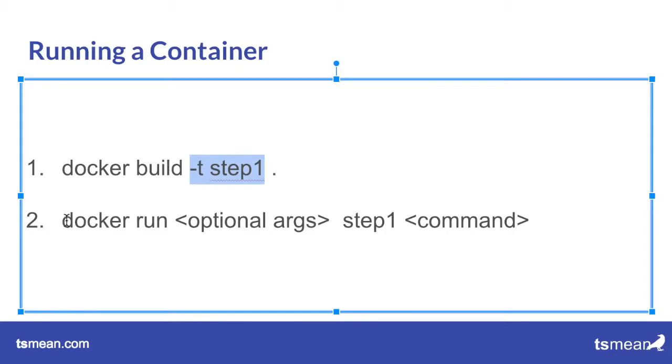As a second part, we could run the container with the docker run command and pass it the name of the build and give it some optional arguments like the volume, and provide it with a command to execute.